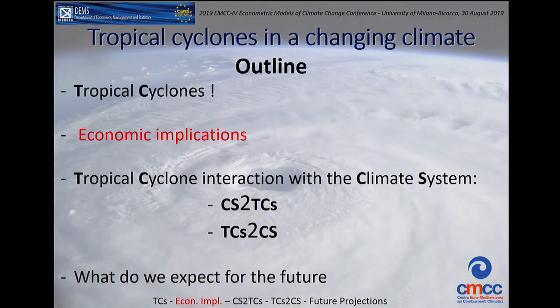So, moving to the damages, I just collected some information mainly related to the US. This is true for everything, not only for the numbers related to the economy, but also for the physics, the data you can use to validate your model, or whatever related to hurricanes and typhoons.